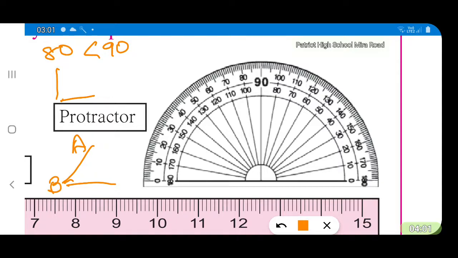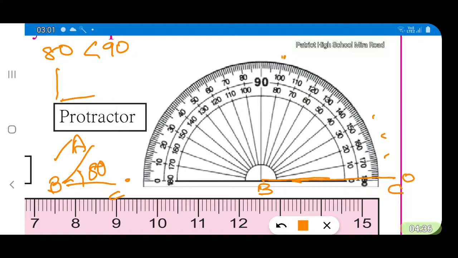So our zero will start near C. Let us imagine that BC is already drawn and we have placed the protractor on BC. Now arm AB should make an angle of 80 degrees with BC. So you can count: 0, 10, 20, 30, like that, till you arrive at 80.